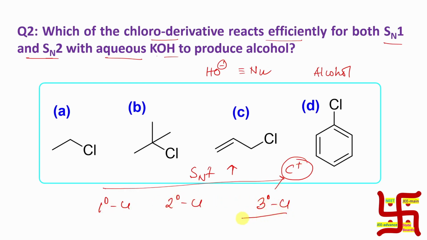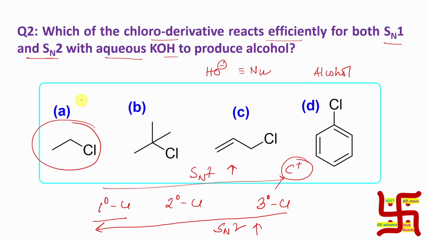Similarly, from the SN2 perspective, from tertiary to primary, SN2 increases because in the primary case bulkiness is minimum. So SN2 is influenced by bulkiness. So the primary chloride is better for SN2, and the tertiary chloride is obviously better for SN1.